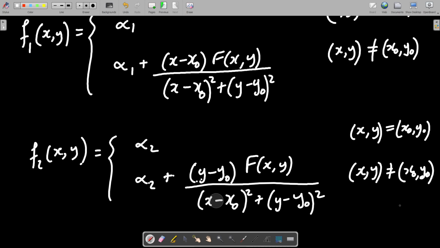So this is the condition. So f2 has been defined like this, just like last time, but the values have been changed.